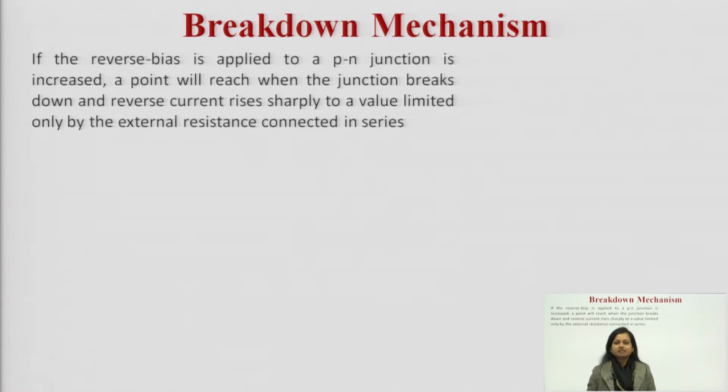See, in the previous lectures I have discussed the PN junction diode. So what is the PN junction? If you recall, if you join a p-type semiconductor with an n-type semiconductor, then at the junction there will be a boundary in between these two, which is known as a PN junction, right?